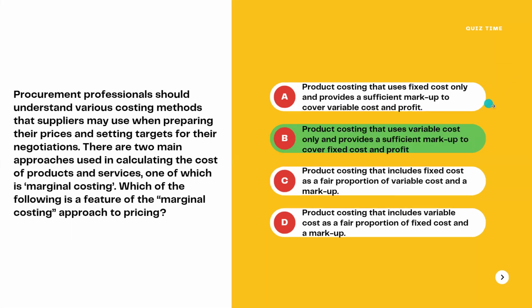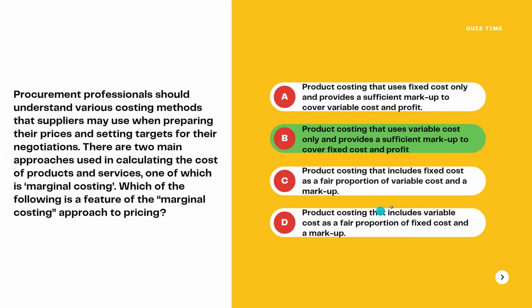I see that pretty many participants selected D. If you read it carefully, it says product costing that includes variable costs as a fair proportion of fixed and a markup. Now, variable cost is a category. It is not any fair proportion.